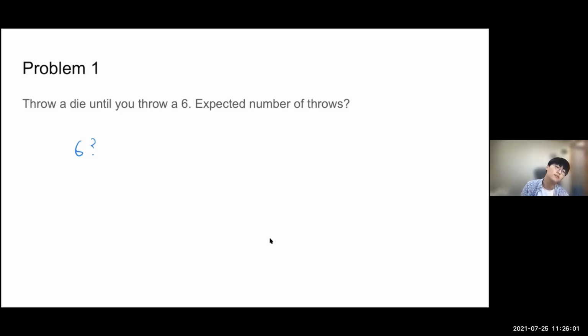So if you've thrown the die 6 times, what's the probability of throwing a 6 in at least one of those 6 throws?